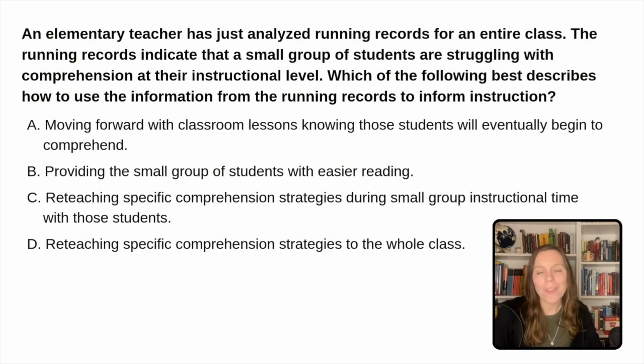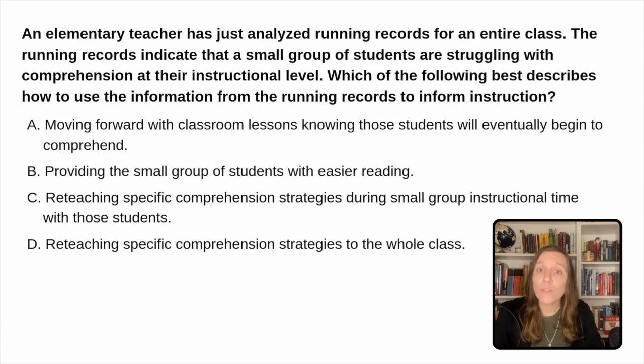Question 4. An elementary teacher has just analyzed running records for an entire class. The running records indicate that a small group of students are struggling with comprehension at their instructional level. Which of the following best describes how to use the information from running records to inform instruction?